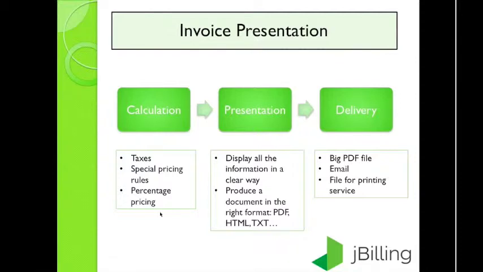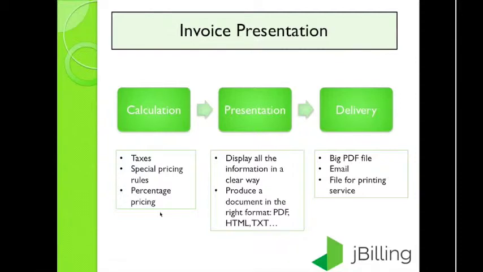So these are the steps, and one big strength of jBilling is that we divide everything that relates to the billing workflow in many little steps, and those little steps we then can focus on, configure, or maybe swap a plugin that deals with that specific step. So in this case, for example, we have delivery of invoices by email, and it's just a simple text, or maybe we swap that plugin with something else and we get a big PDF file.